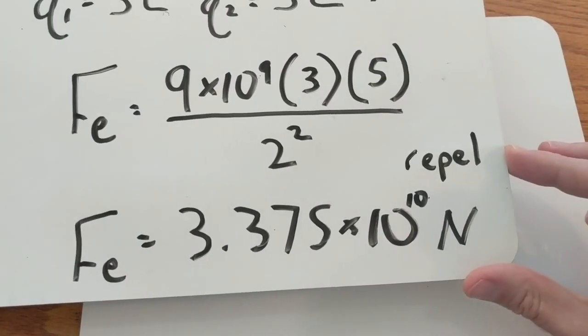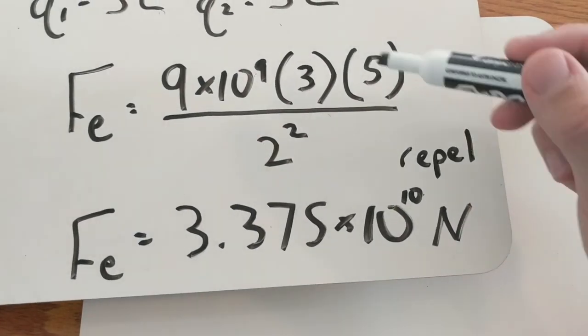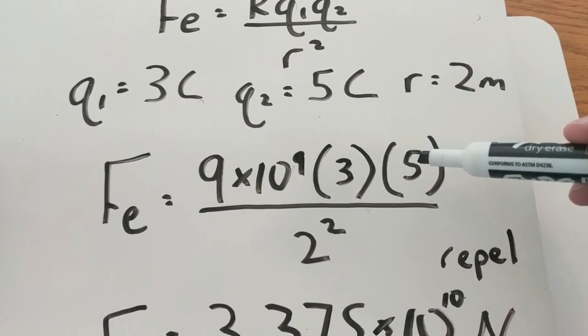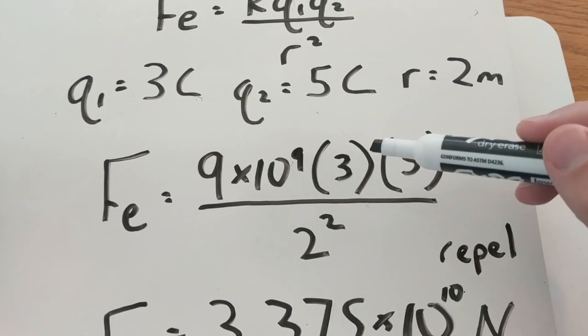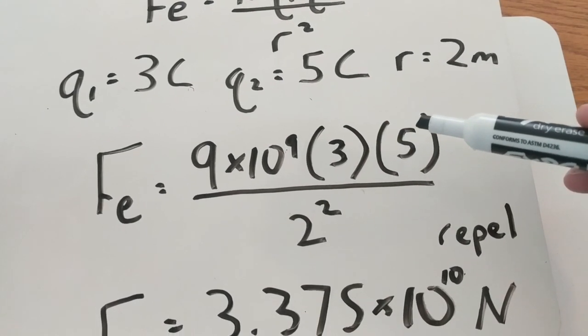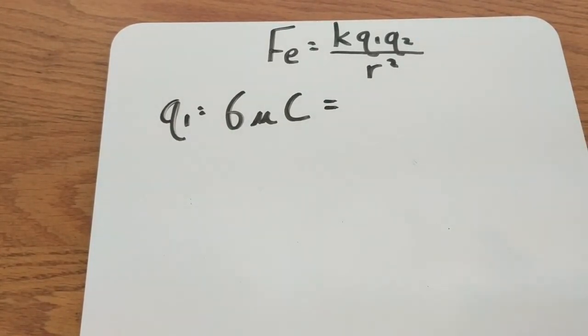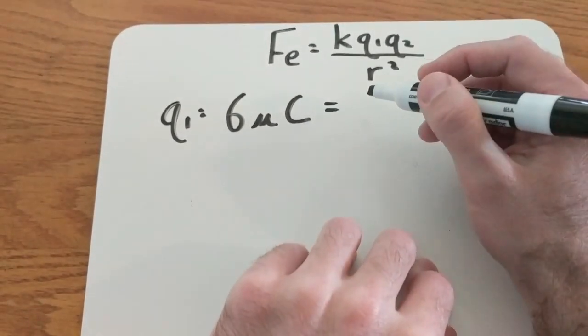Notice in this problem here, we have a huge, that's Coulomb's law. Because when we use our regular coulombs here, 1 coulomb of charge is a lot of charge, all right? And we usually don't deal with that much charge, so our microcoulomb is a little bit more sensible. So how do we convert that? It's very simple.